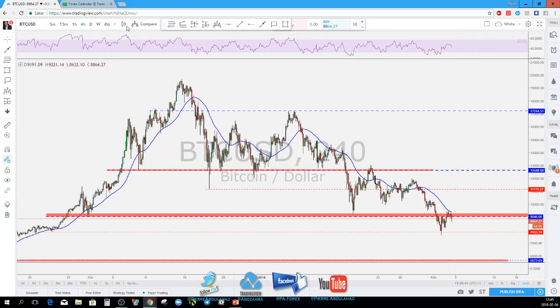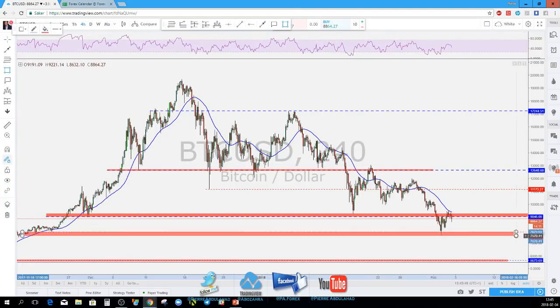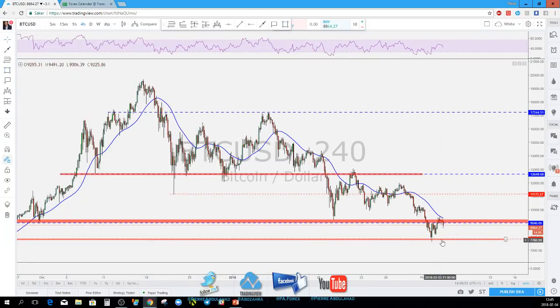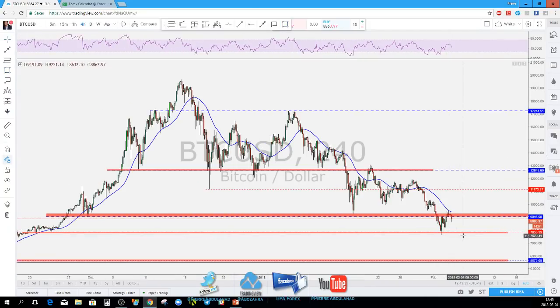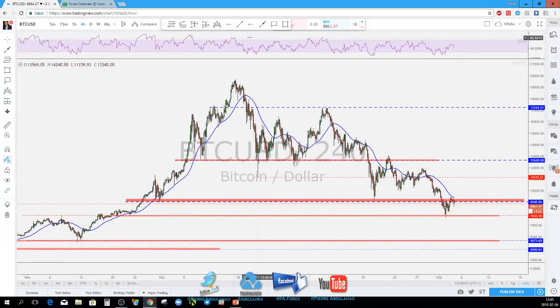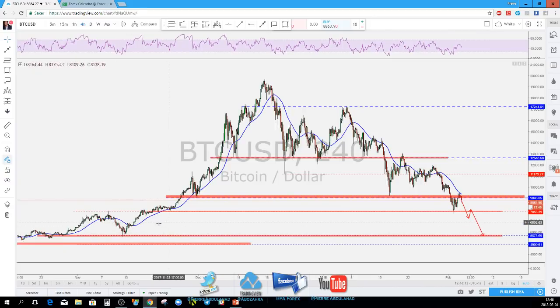Once again, now we do have this structure to act as a possible support, and for more downside you want to see this structure broken. If that happened, then we're gonna move very fast toward the 5K areas. So if we got a break of this low here, then the 5,000 is in reach.